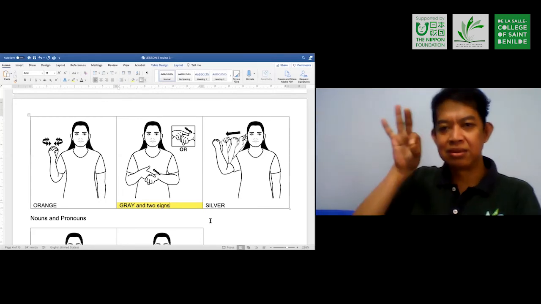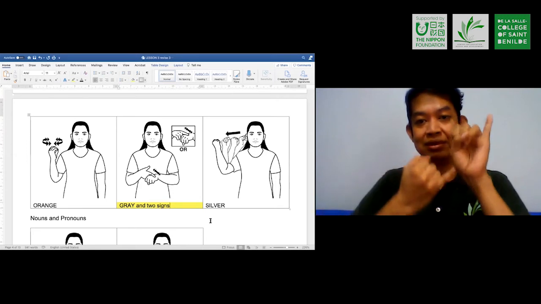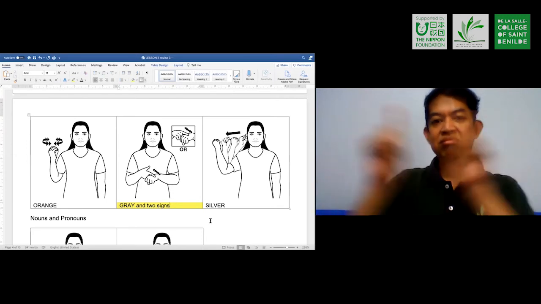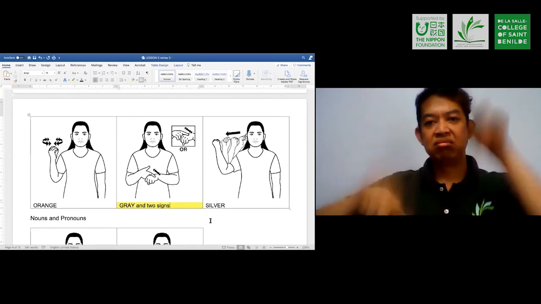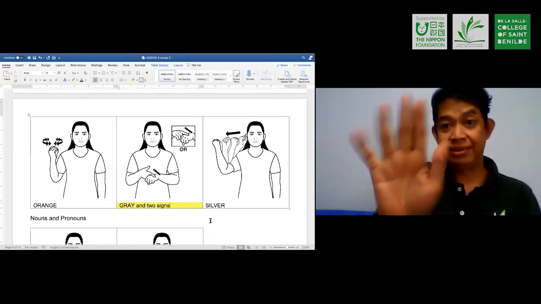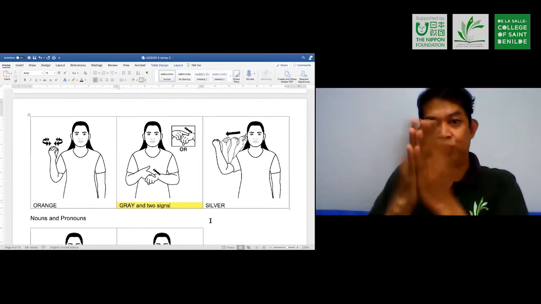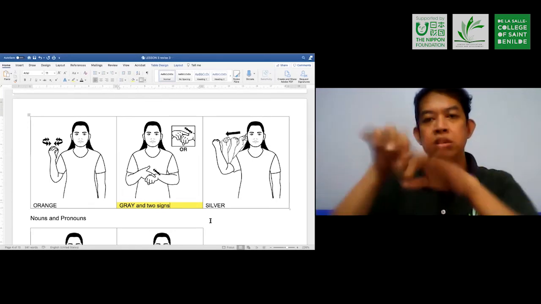So I learned different kinds from the community, and then I would pick the one that I liked, and some of them were initialized. So it differs, and if you ask another teacher, they would sign certain signs differently.